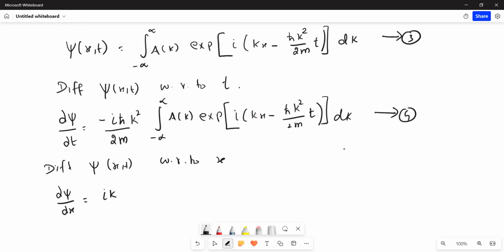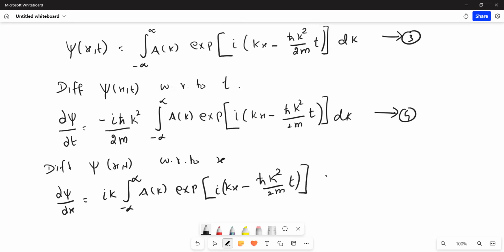So finally you get ik times the integral over minus infinity to plus infinity of a of k, exponential of i (kx minus h cross k square by 2m into t), dk.